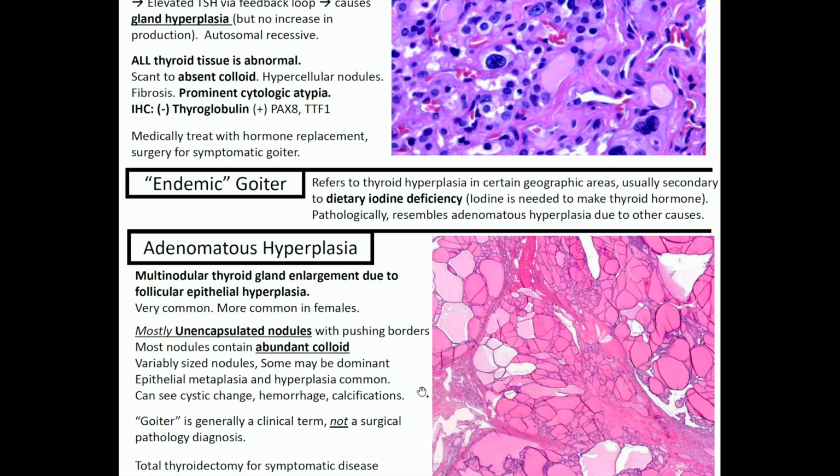There are variably sized nodules, some may be dominant, with epithelial metaplasia and hyperplasia being common, and you can see cystic change, hemorrhage, calcifications. Goiter is generally a clinical term, not a surgical pathology diagnosis, and a total thyroidectomy is often needed for symptomatic disease.